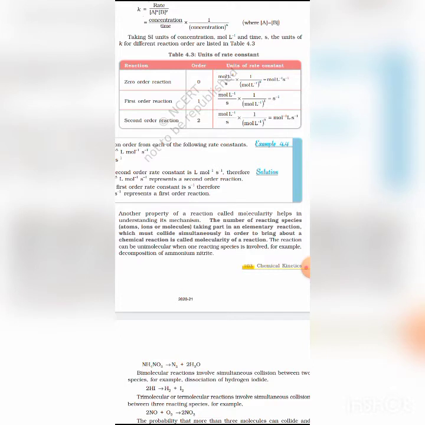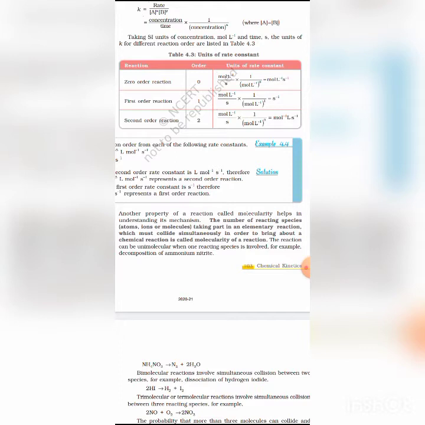Molecularity of a reaction is the number of reacting species, it may be molecules, atoms or ions, taking part in an elementary reaction which must collide simultaneously in order to bring about a chemical reaction.